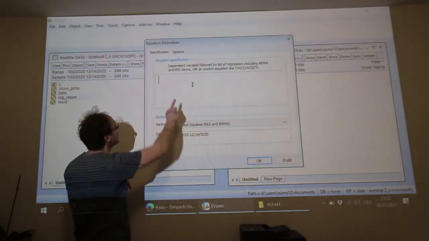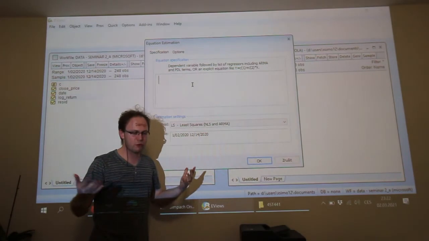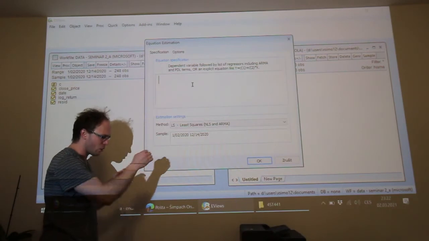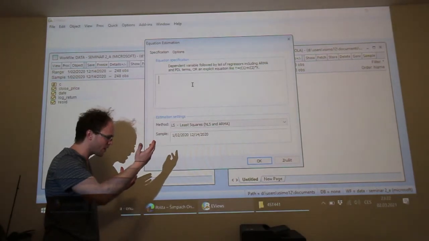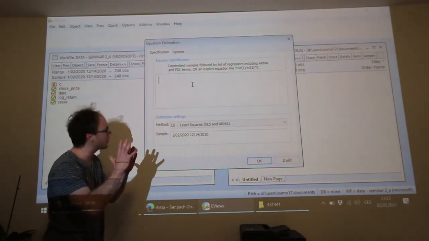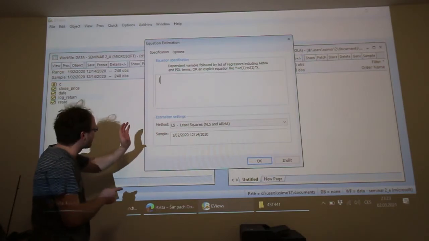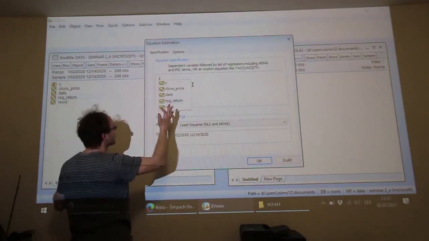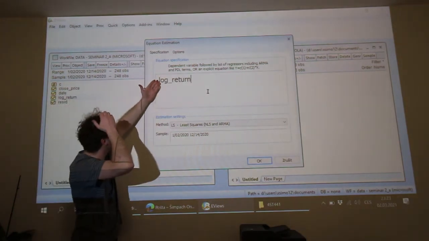Very important for you: the dependent variable is followed by a list of regressors. So in this command log we must write on the first position the dependent variable of the model, then a space, and then the independent variables. If you remember, the dependent variable is epsilon in time t, and in our situation we will use the log returns, log return in time t, so we will write here log return, space.